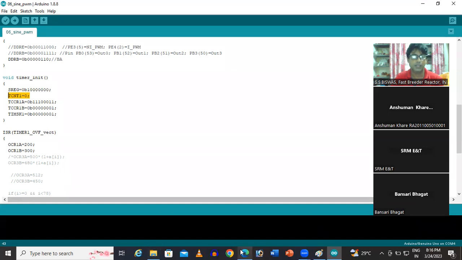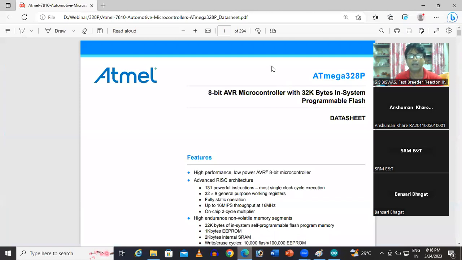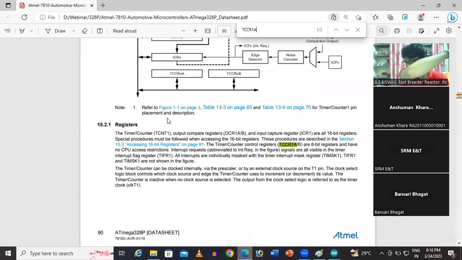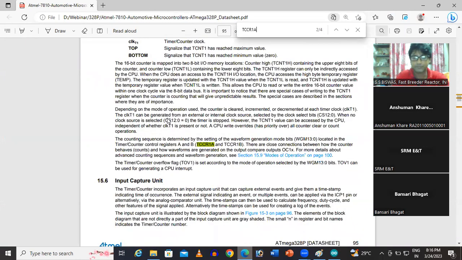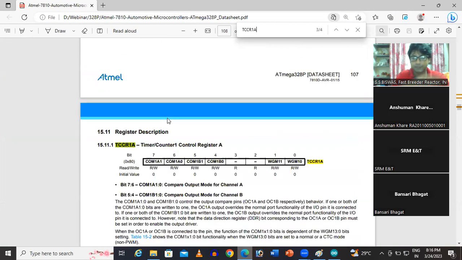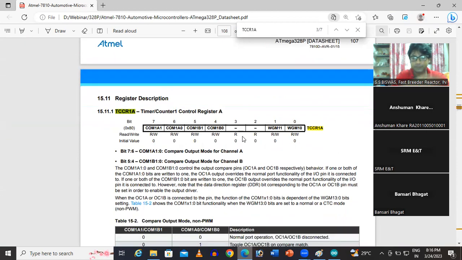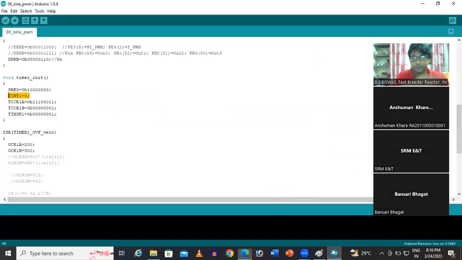Let us see what this TCCR1A is. Now we'll see what the bits are.